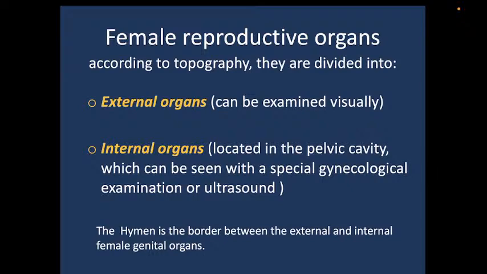Female reproductive organs, according to topography, use the same classification principle as in men. We distinguish external female reproductive organs and internal organs. The external organs can be examined visually.